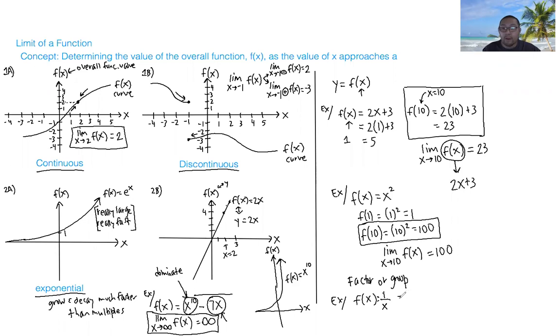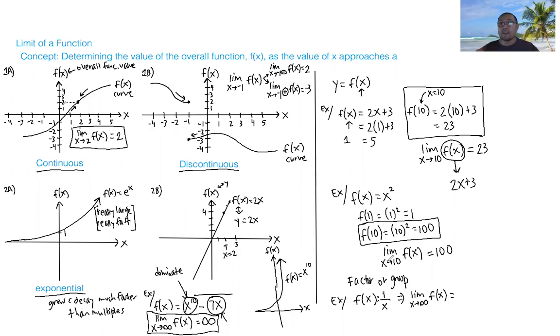And I want you to evaluate the same limit. The limit as x approaches some really, really large number, and I want you to tell me what value the overall function is going to approach, okay? And same thing, if the denominator in a fraction is very, very large, whatever number or value that is on top is going to eventually get smaller and smaller and smaller, right?